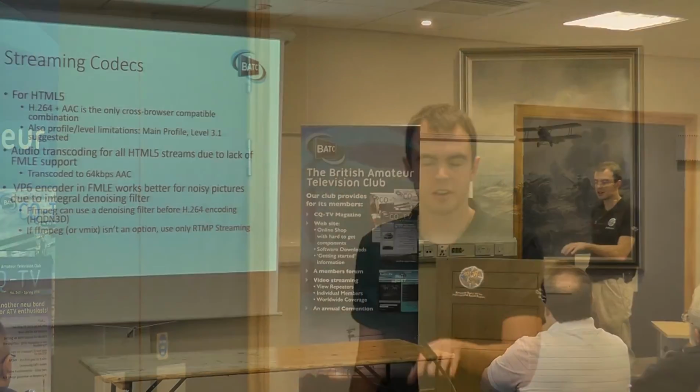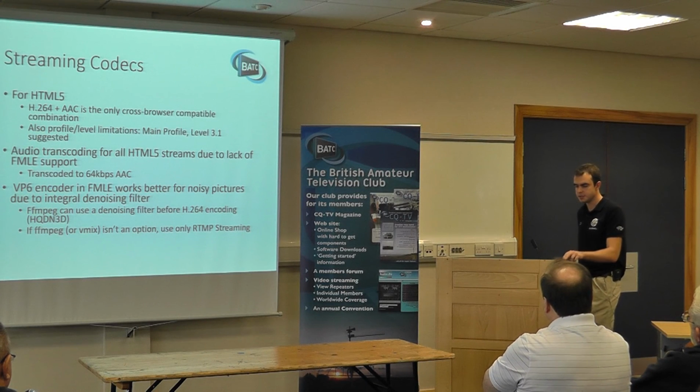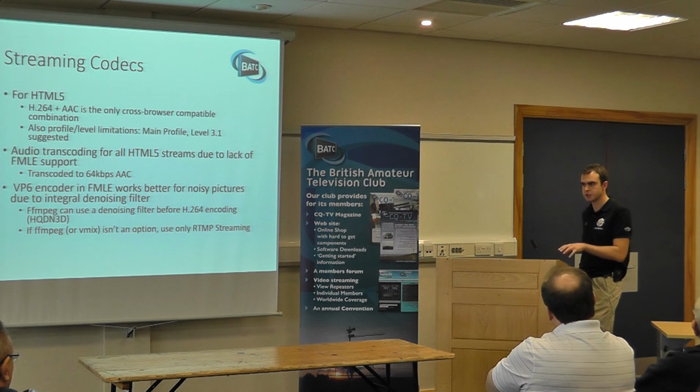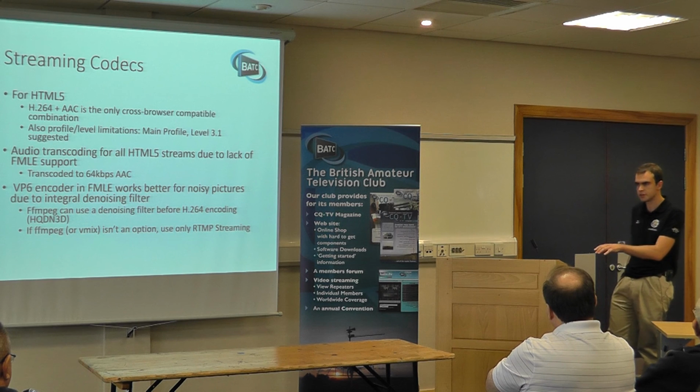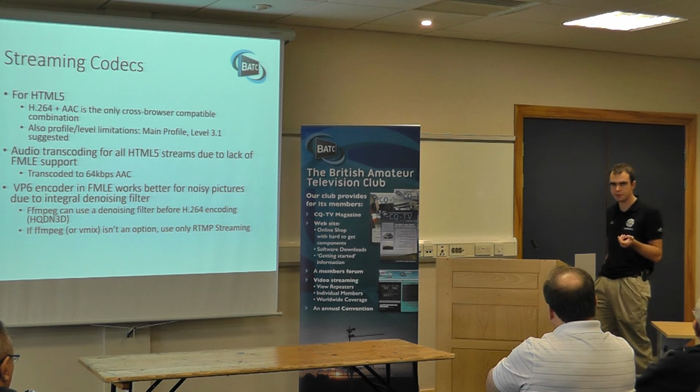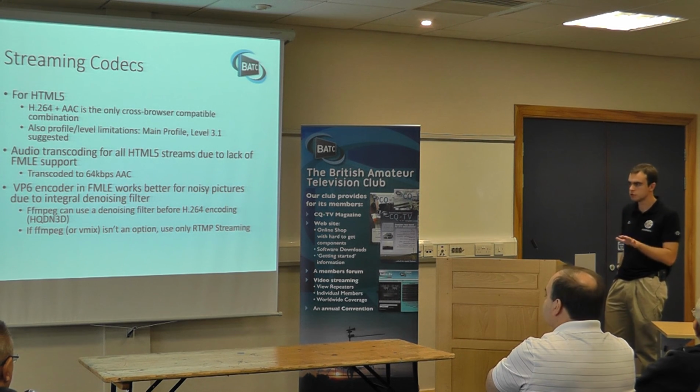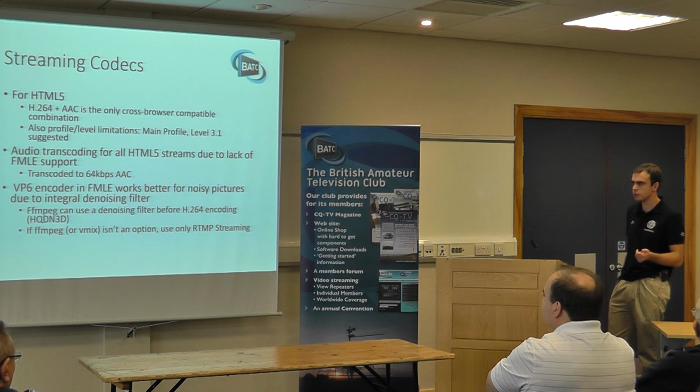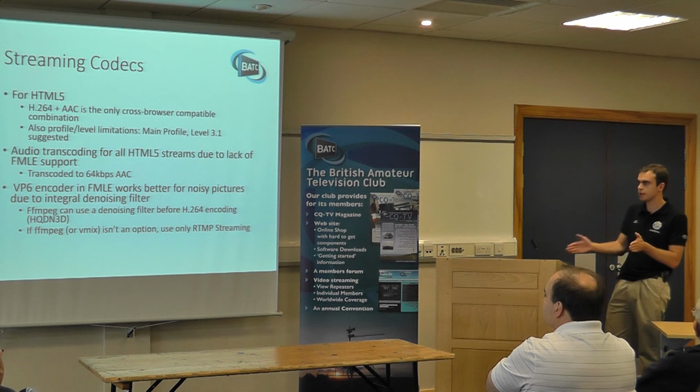The HTML5 we found tends to have about a 5 to 15 second delay. The delay is entirely dependent on what the client chooses. I've tended to find that desktop browsers will go for about a 15-second delay, whereas I only get 5 seconds viewing it on my phone, which seems rather illogical, but just seems to be the way it works, where it decides to start playing the video.